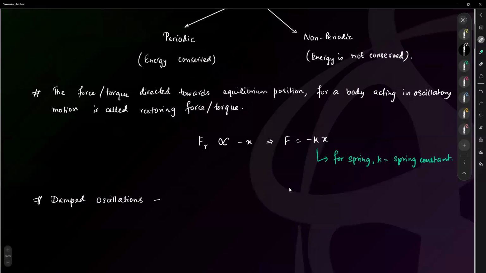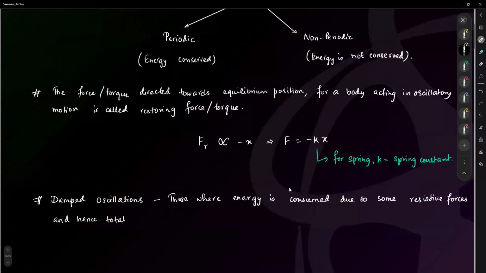These damped oscillations are those where energy is consumed due to some resistive forces and hence total mechanical energy decreases.